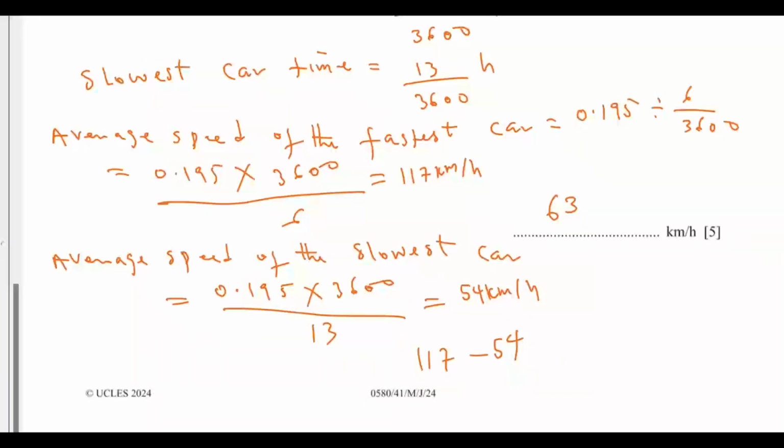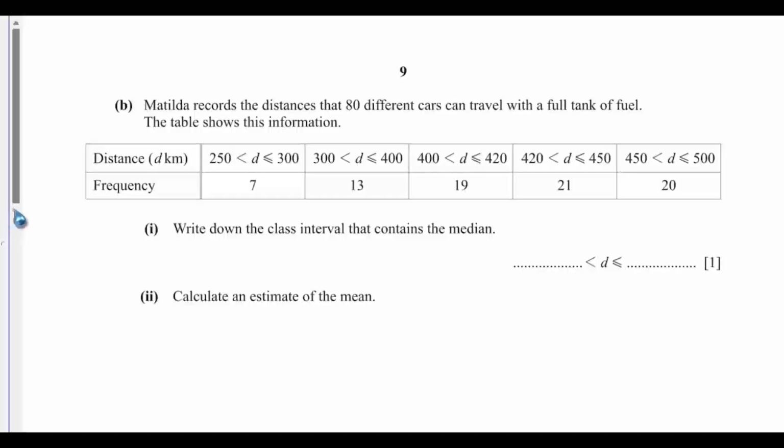That will be question 4B. Here Matilda records the distances that 80 different cars can travel with a full tank of fuel, as given here. Write down the class interval that contains the median. Here we need to see where the frequency adds up to the middle of 80, something like 40.